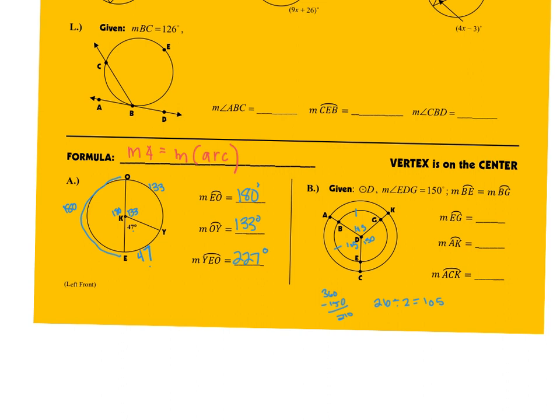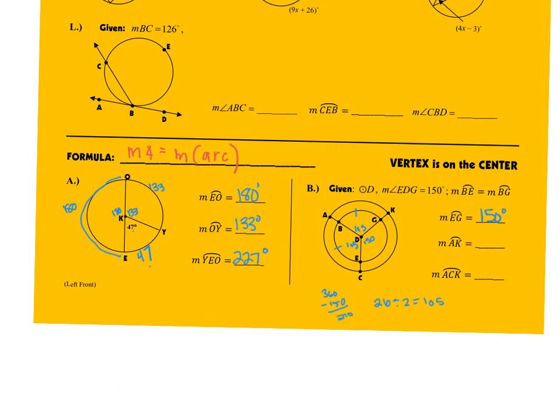Let's look at what we're looking for. So it asks us to find the measure of arc EG. So E to G. Central angle is 150. The arc is going to be 150.